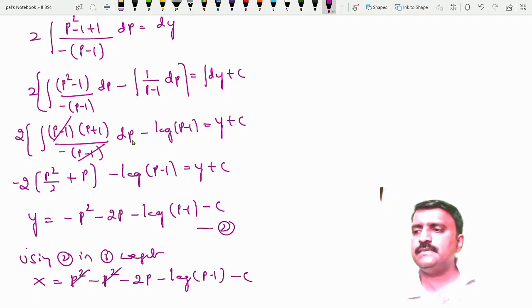So this cancels. So what is x? x is equal to minus 2p minus log of p minus 1 minus c.